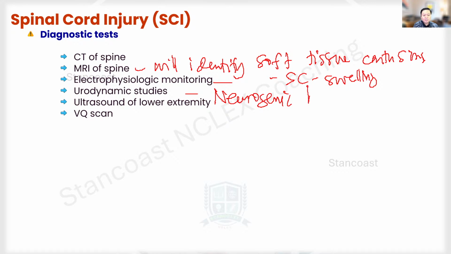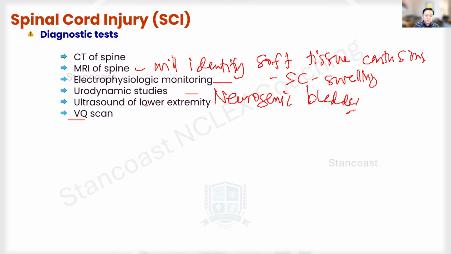Neurogenic bladder. It will evaluate the ability of the bladder to contract itself, or can it completely empty? So this is the test that will definitely measure that.